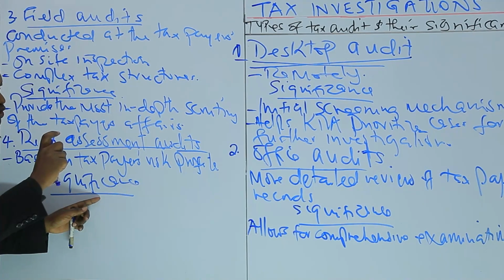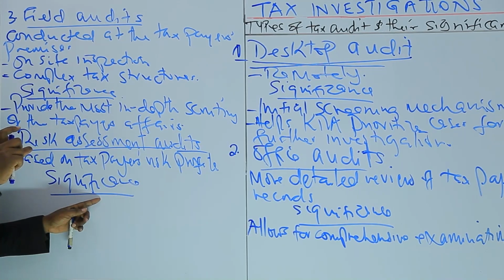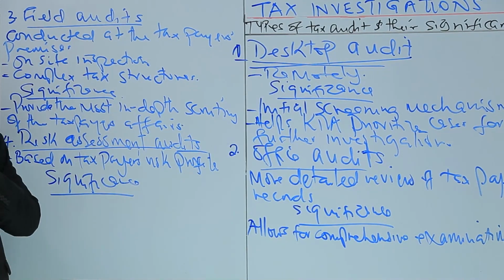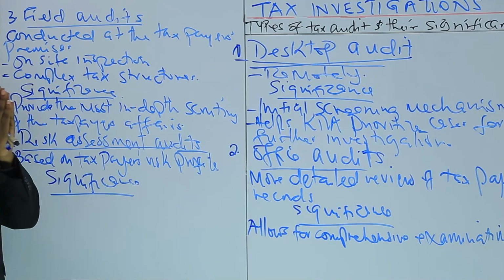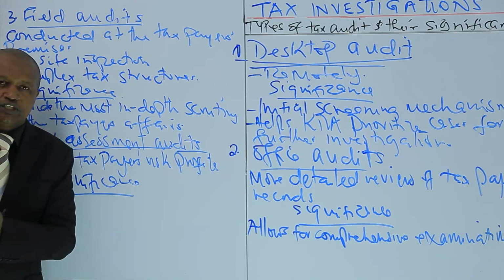Here KRA uses what we call a targeted approach, which helps deter tax evasion and ensures that compliance efforts are focused on those with higher potential for non-compliance. Do you understand? That's the significance of risk assessment audits.